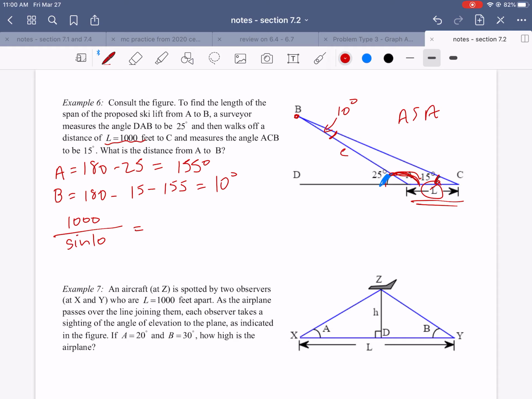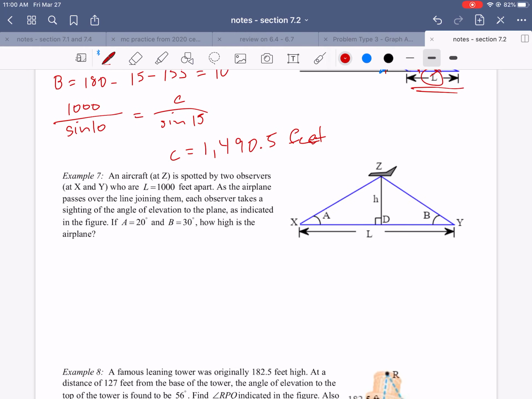And so since I'm trying to find side C, I'm going to set that equal to the C ratio, which is going to be C over the sine of capital C, which is 15 degrees. Okay, cross multiply and divide, and what you'll end up with, rounding to the nearest tenth, is 1,490.5 feet.